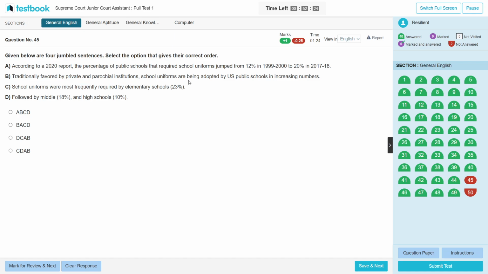School uniforms are most frequently required by elementary schools, compared to middle and high schools. Among the percentage of public schools that require school uniforms, this.